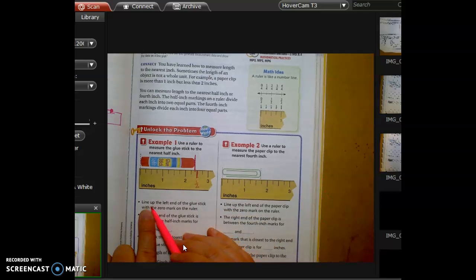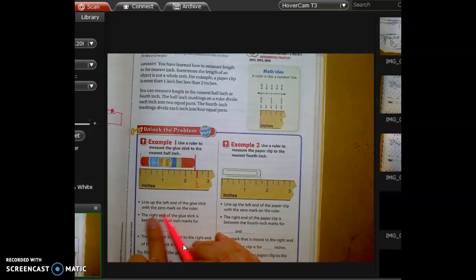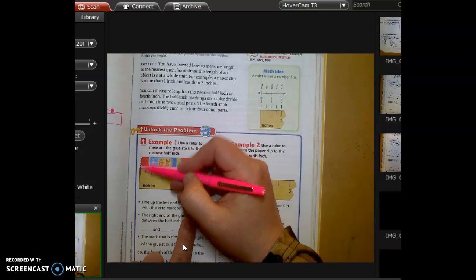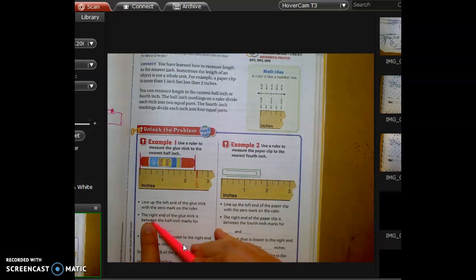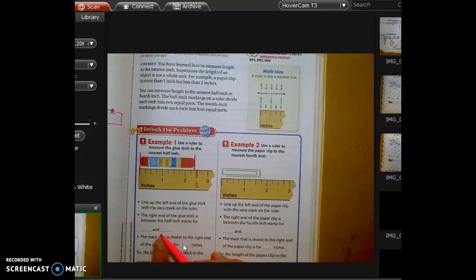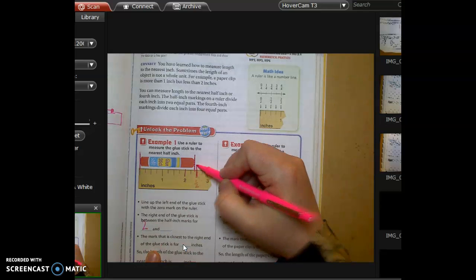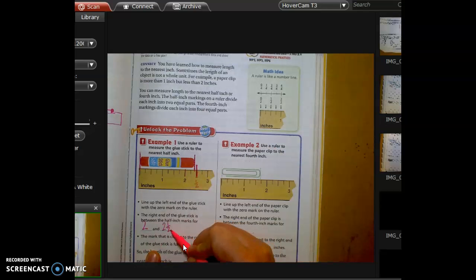So your job is to line up the left end of the glue stick with the 0 mark on the ruler. Always line our object up with the 0 mark. The right end of the glue stick is between the ½ inch marks for blank and blank. Okay? So it is between the 2 and the 2 and 1/2 mark.